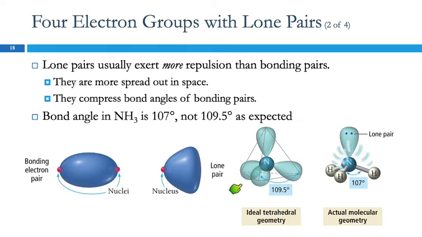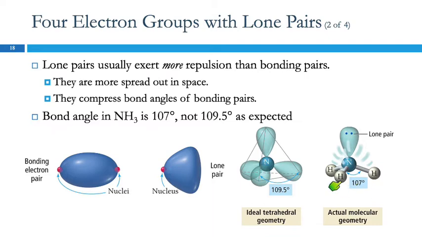So if we look at nitrogen, or ammonia here, the ideal geometry for a tetrahedron would have equal angles, all 109.5. But because there's a lone pair and it's extra repulsive, it's going to push the atoms a little bit closer together.